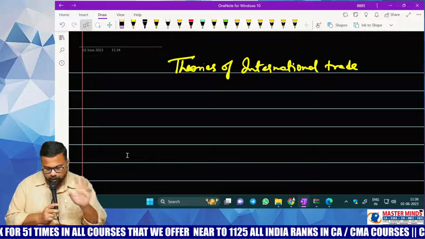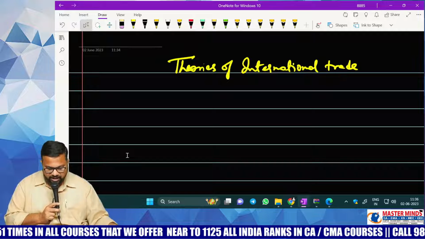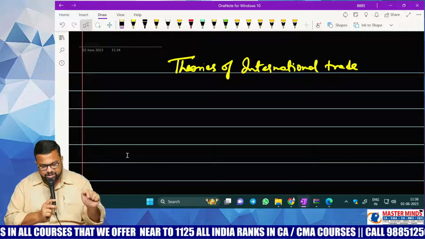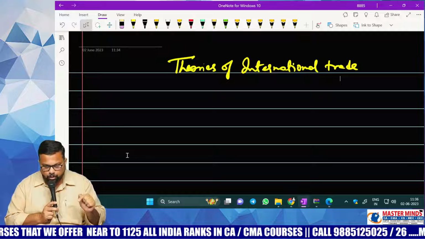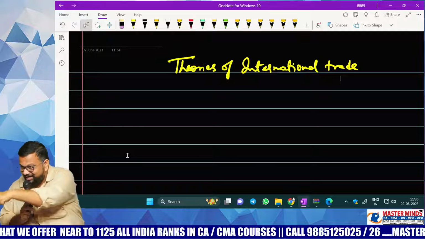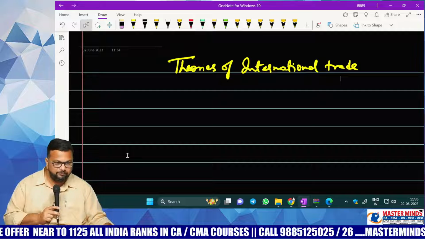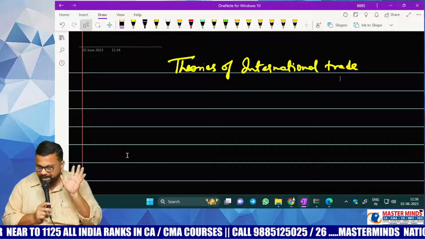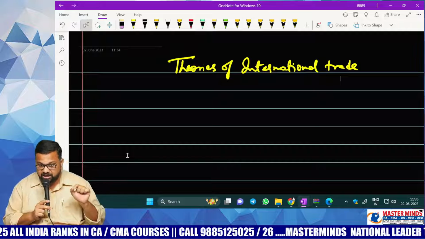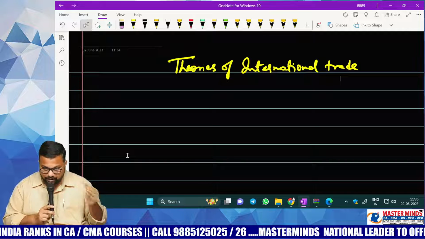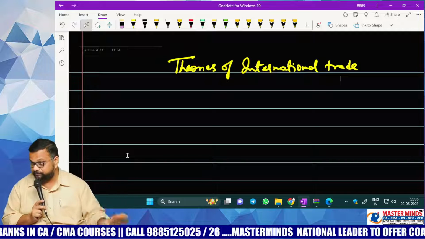That is one point. The second point is that a country will participate in international trade only when it is getting more benefits when compared to internal trade.